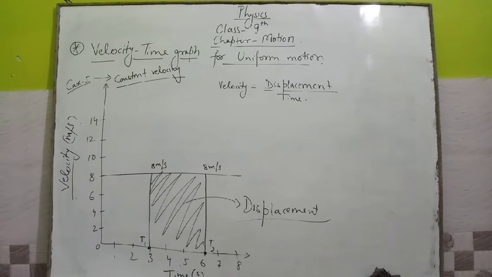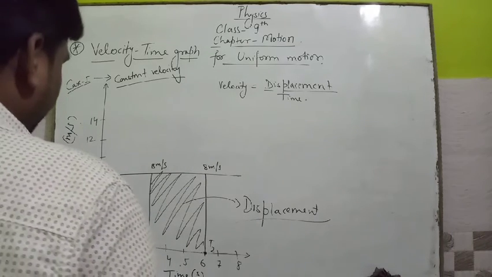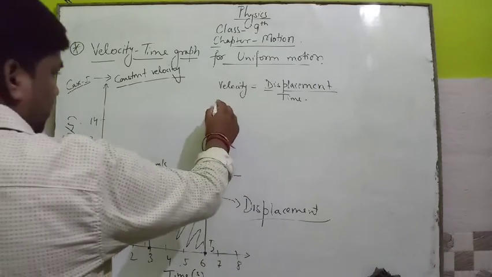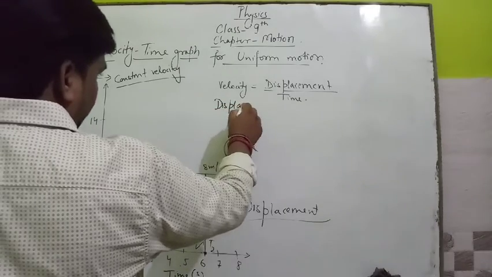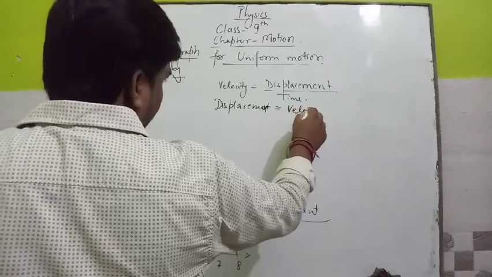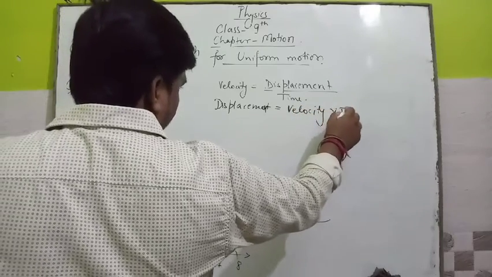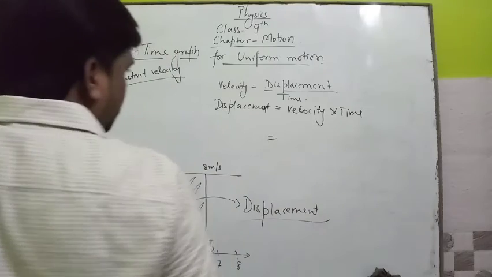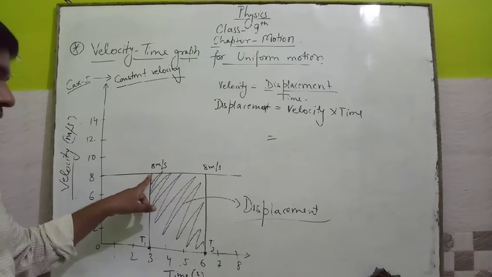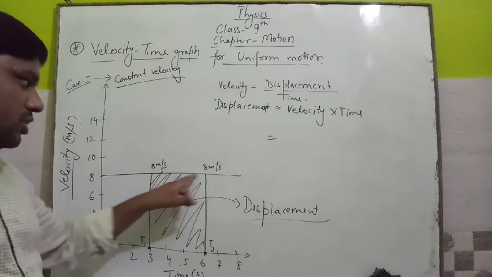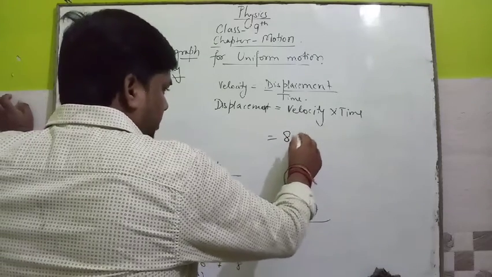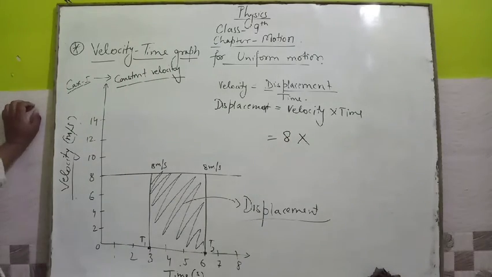Let's see first how you can find the displacement with the formula. Displacement is equal to velocity into time. Velocity is 8 meter per second, always 8 meter per second, multiplied by the time interval.